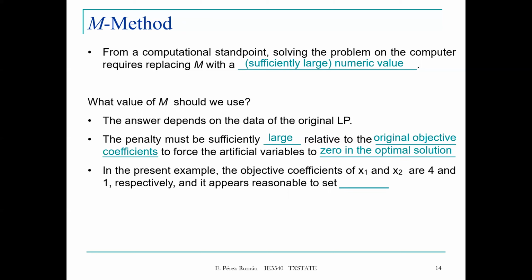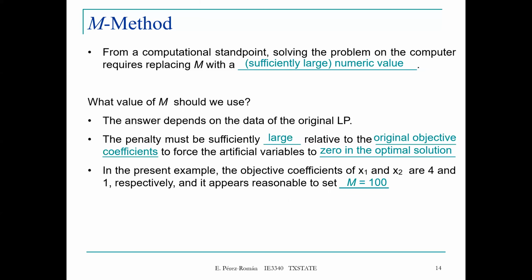In the present example, the objective coefficients of x1 and x2 are 4 and 1, respectively, and it appears reasonable to set M equal to 100 because 100 is relatively large when compared to 1 and 4.